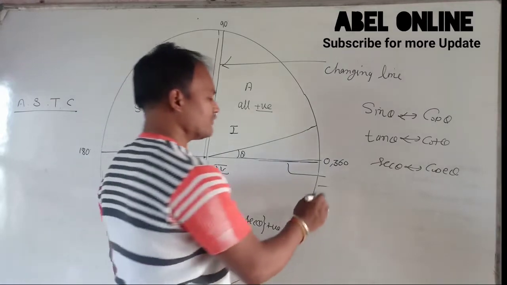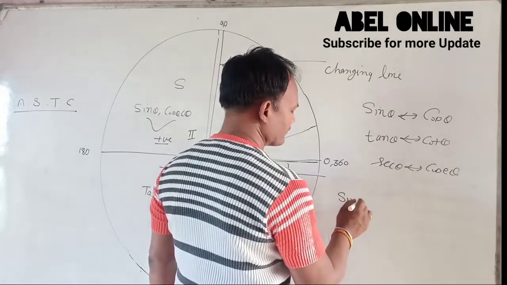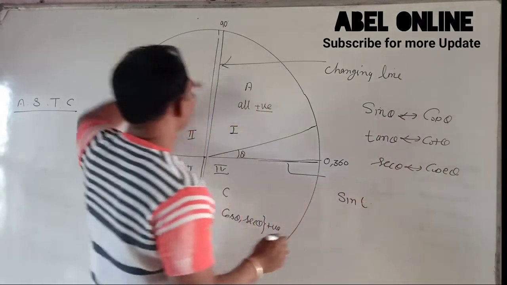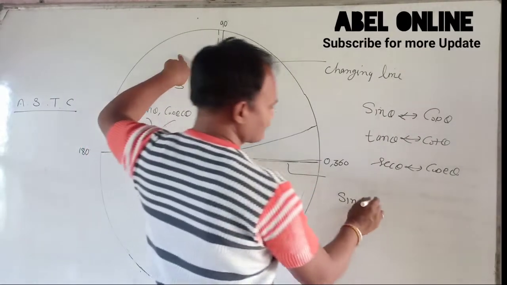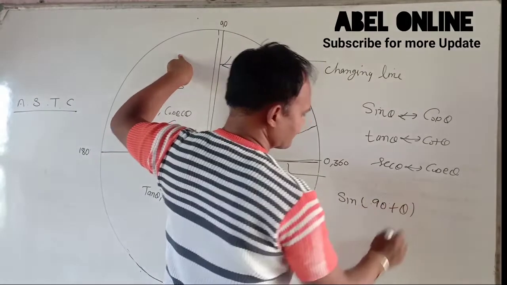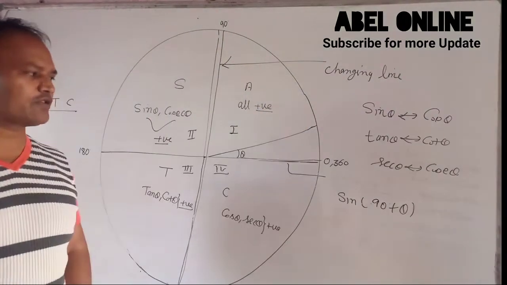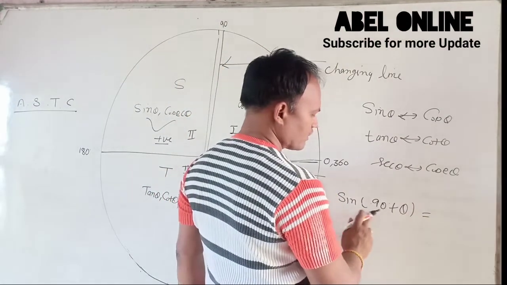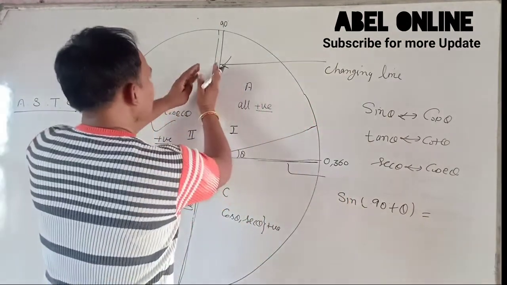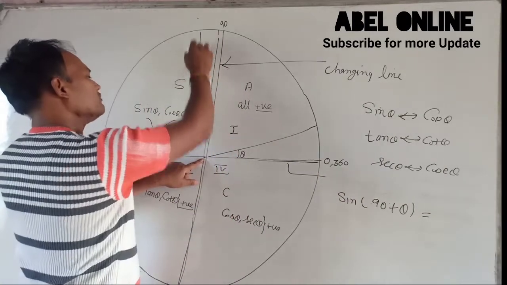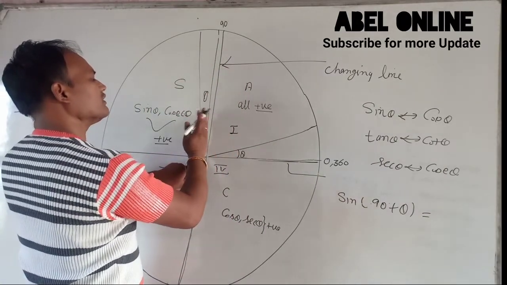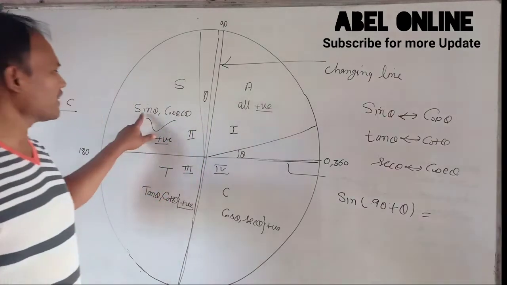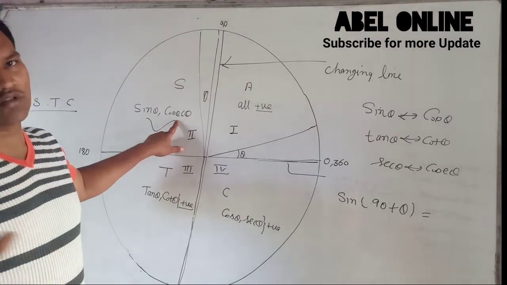Let's see. If we have to find the value of sin 90 plus theta, suppose 90 plus 30, we have to find the value of sin 90 plus theta. So 90 plus theta is in the second quadrant, and in the second quadrant sin and cosec are positive, rest all the values are negative.